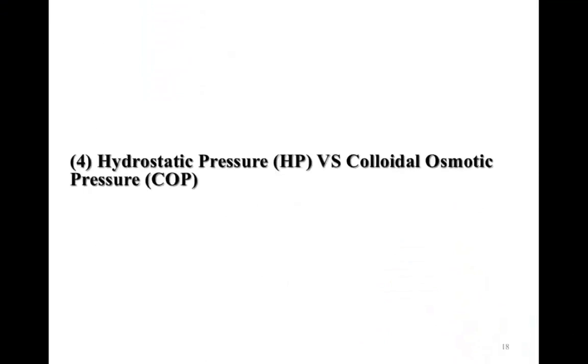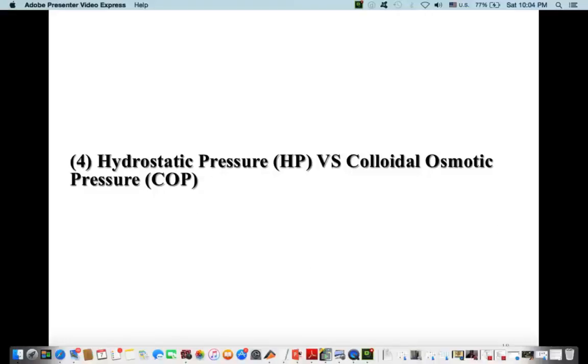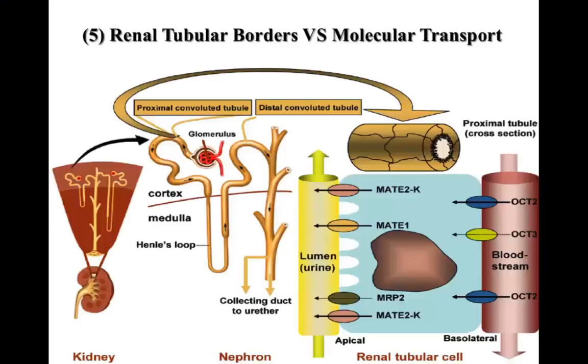Fact number 4, we've actually mentioned it before, but you really need to keep in mind that hydrostatic pressure, or HP, is the filtering pressure, while the colloidal osmotic pressure, or COP, is the reabsorbing pressure. Now, here we come to fact number 5, transport of molecules through the renal tubular borders.